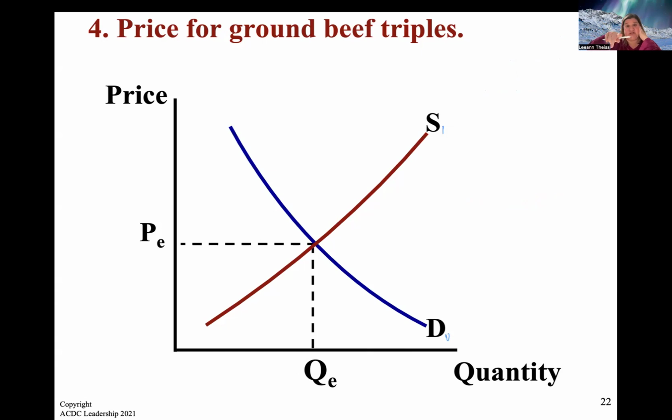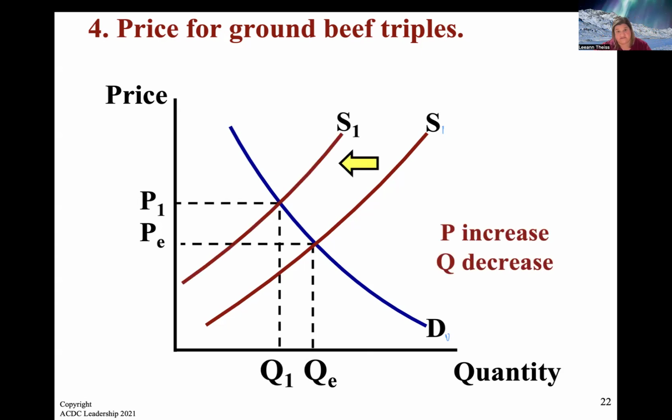We are shifting supply. If the price for the ingredients is increased, are we going to make more or are we going to make less? We're going to make less, which means you're going to shift to the left. So move your finger over to the left. Supply goes where? To the sky. So it's going to look like this. Make sure that we're labeling this S2.